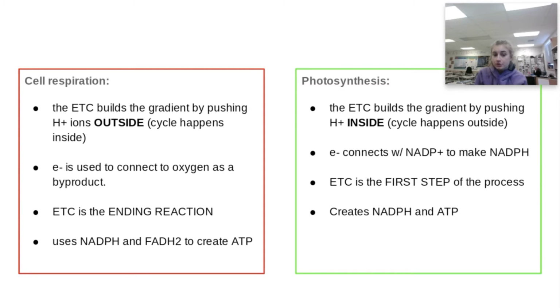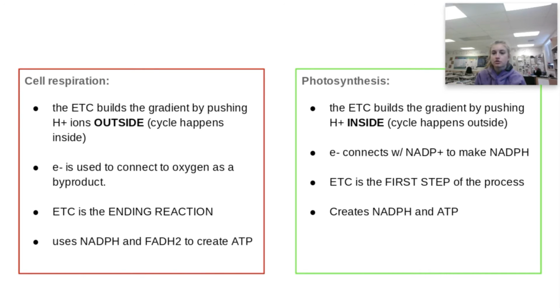Cell respiration also uses NADH and FADH2 to create ATP, whereas in photosynthesis, the ETC creates NADPH and ATP. Just as an overview, the electron transport chain is the ending reaction to cell respiration, whereas in photosynthesis, the ETC is the first step of the process.